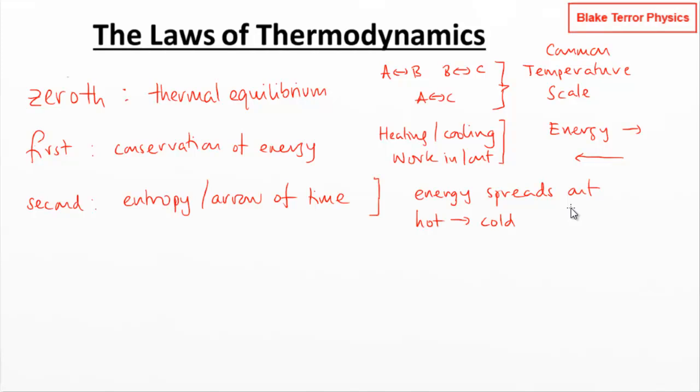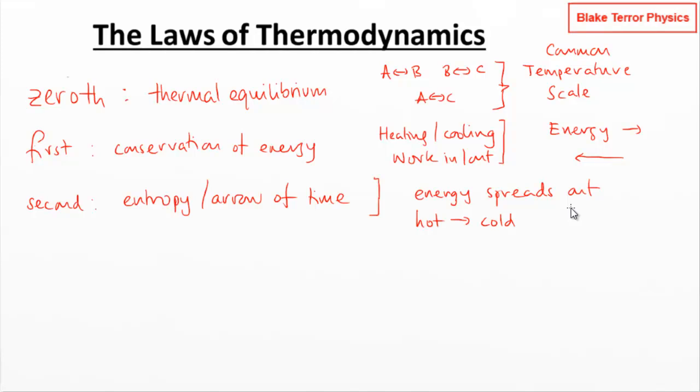And of course, this is what all of our industry was built on, really. You think of all the stuff that we use, like steam turbines and things like that, it's all based on this idea that we're getting hot going to cold. If we couldn't rely on that, and we didn't have this mechanism and law behind it all, that energy is spreading out and going from hot to cold, then none of that would be working.